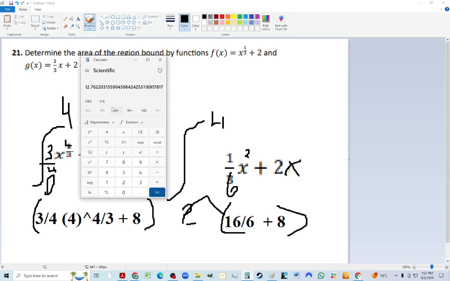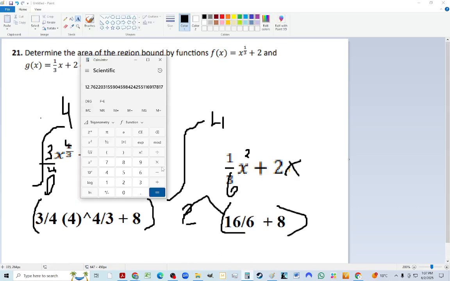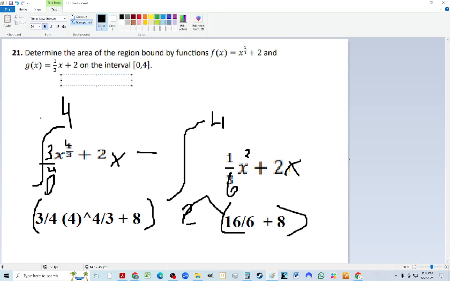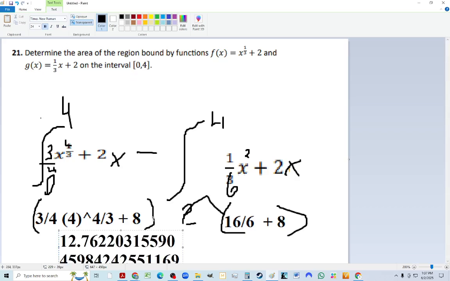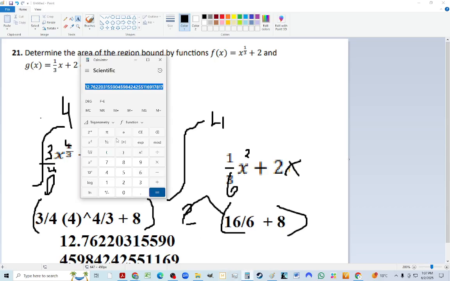I'll clear my memory, just add to memory. But this is the number we're working with. Whoops, that's not the number we're working with. This is the number we're working with. And we're subtracting 16 divided by 6 plus 8.